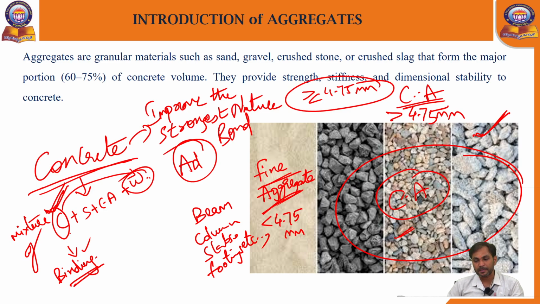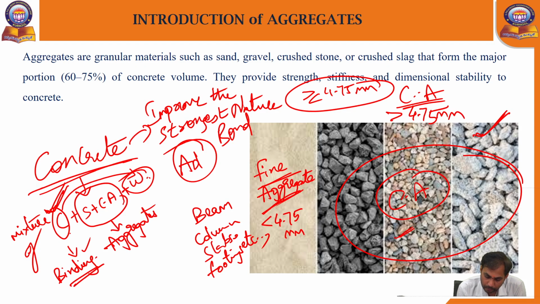Then what is the purpose of sand? Sand also helps reduce the air voids. So aggregates are what provide the strongest nature and reduce the air voids in a concrete member.